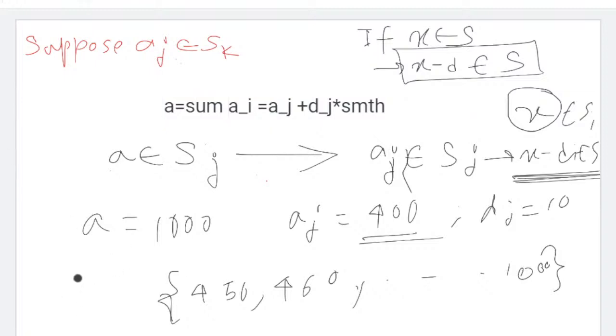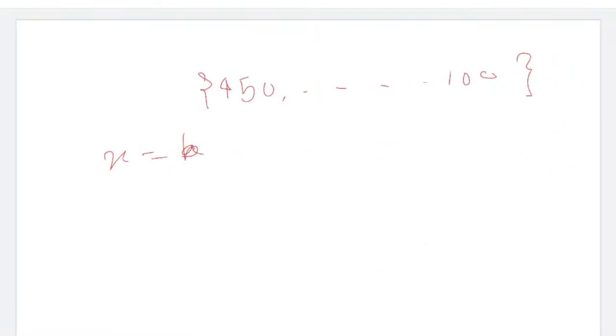So take the example of 440 here. Can we try to make an example so that 440 is not a part of this set? Yeah, I'm thinking. Suppose X could still work. Oh wait, you're on page 6? Yeah.